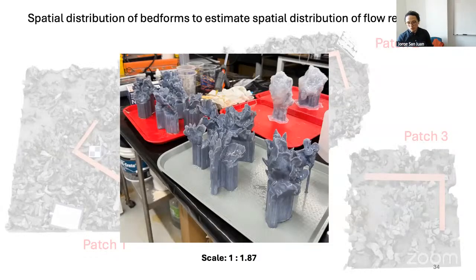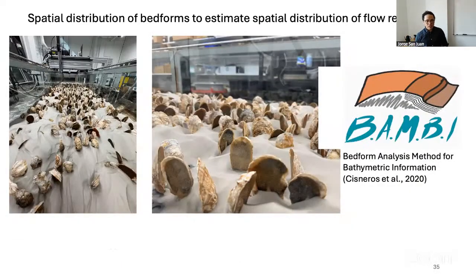Now the idea is to bring these natural structures, 3D printed natural structures of oysters, into the flume, and also identify a parameter that can give us a quantification of the spatial distribution. With that spatial distribution, we want to understand how the morphology of the bed is being developed under different spatial distributions.